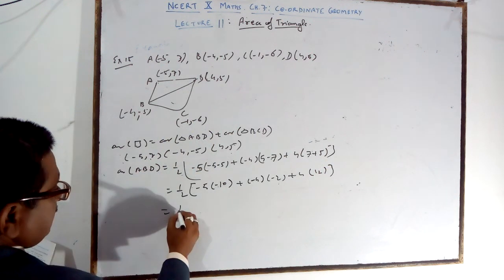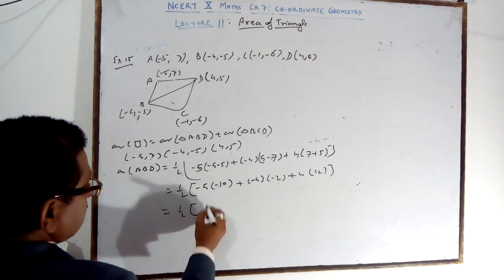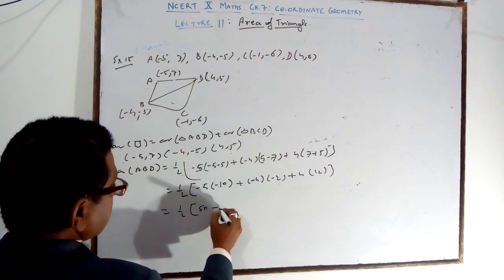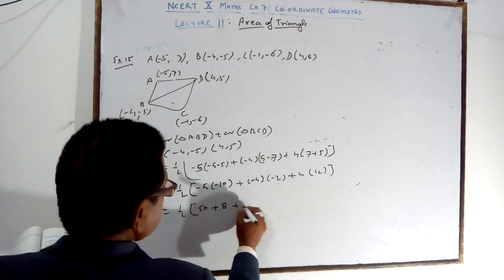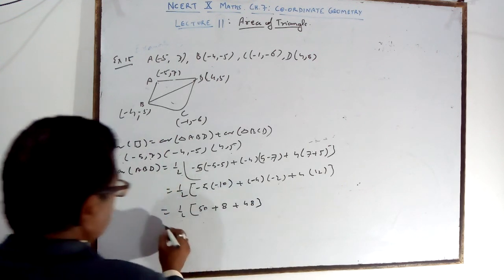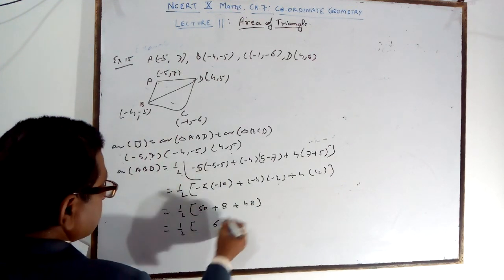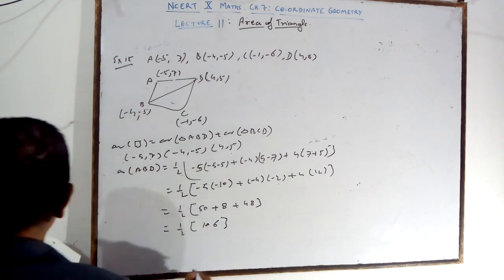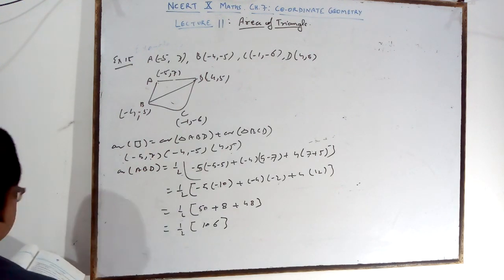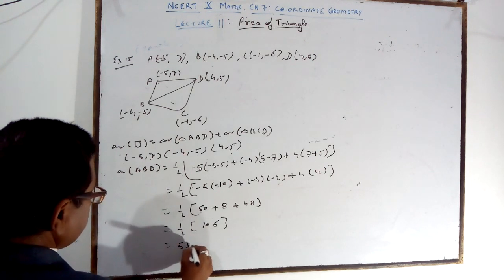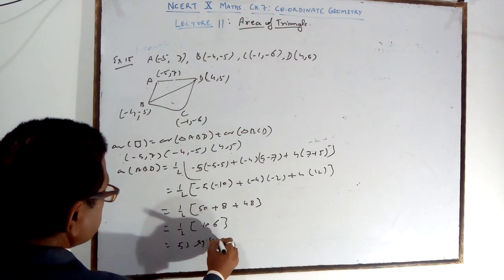You will get half into 50 plus 8 plus 48. That is half into 106, which gives you 53 square unit.